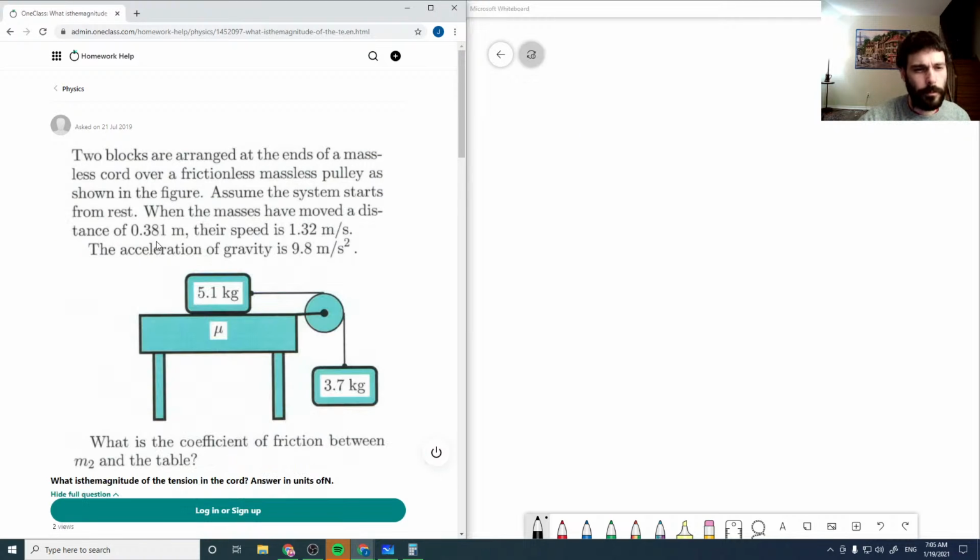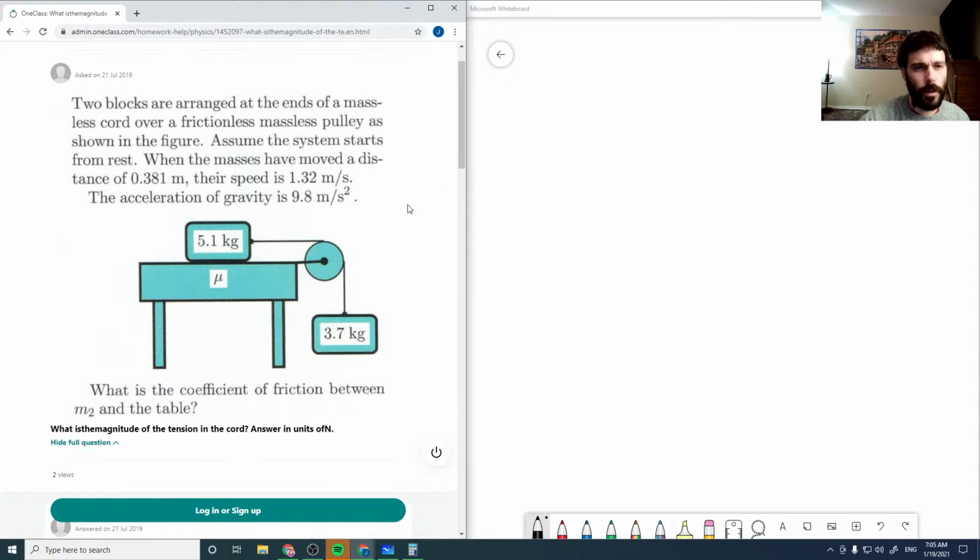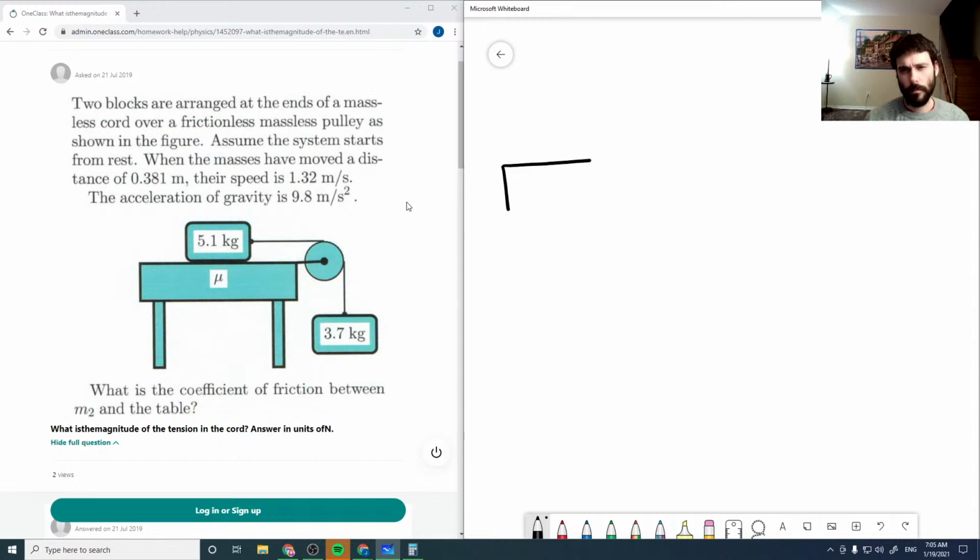All right. So for this one, we've got 2 blocks, or one's on a table, I should say. Some coefficient of friction.